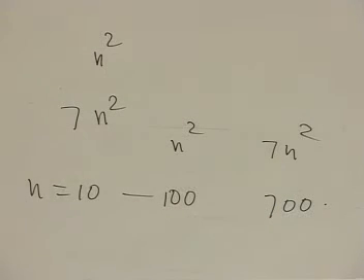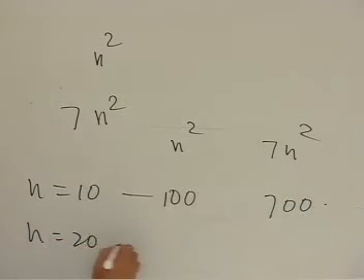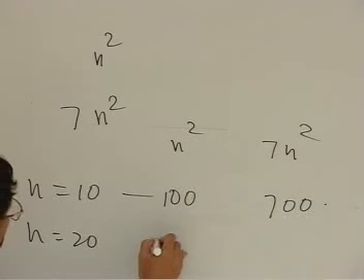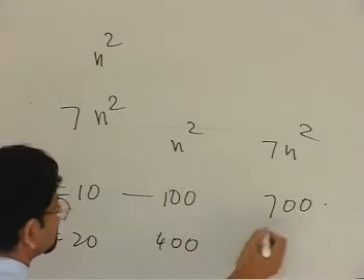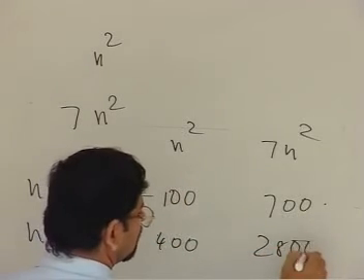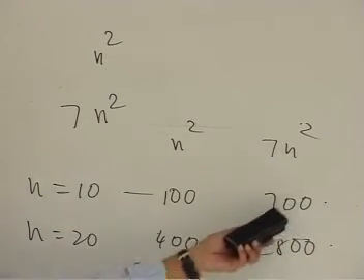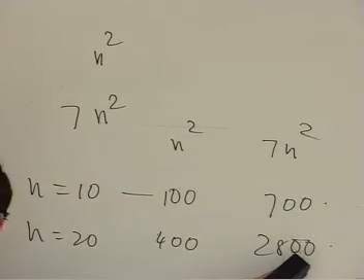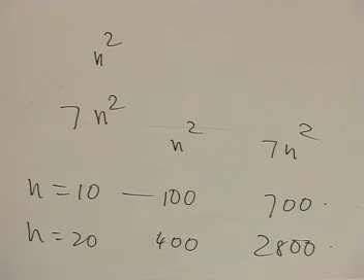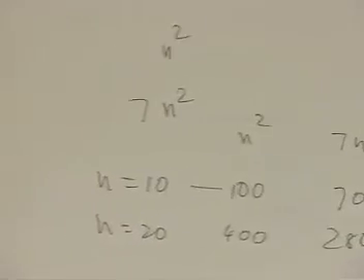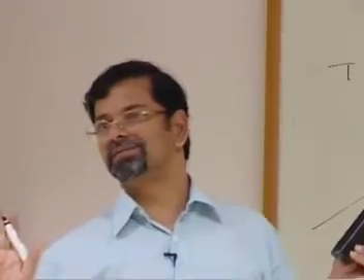You double n, suppose n equal to 20. This becomes 400 and this becomes 2800. What happens? This has increased 4 times, and this has also increased 4 times, whatever is the exact value. If you double n, this becomes 4 times more than the original.